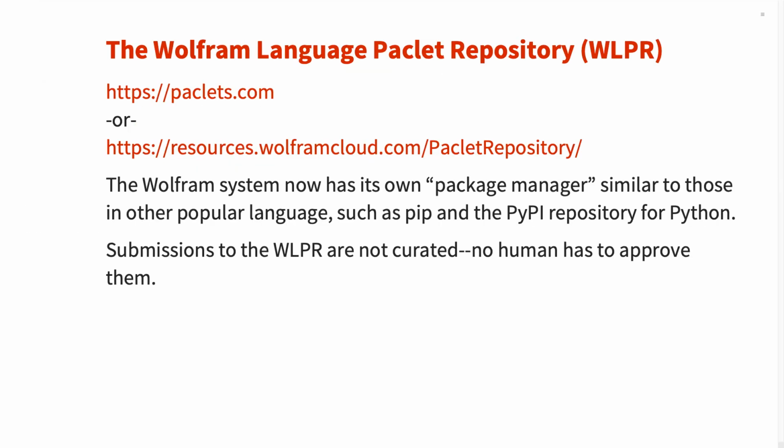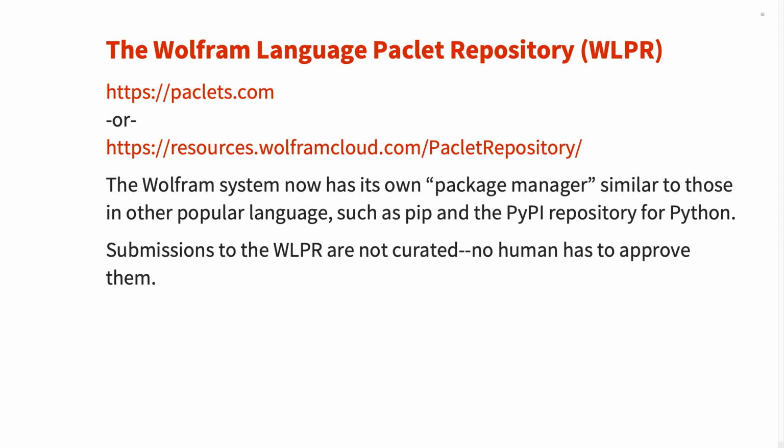So I think we can say now that the Wolfram system has its own package manager, similar to those in other popular languages. You're probably familiar with the pip tool and the PyPI repository in Python, things like npm and the npm registry for JavaScript, cargo and crates.io for Rust. Basically, most modern languages have some sort of package management system and an associated repository.